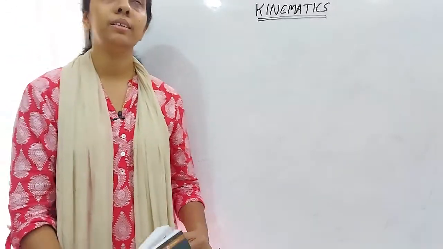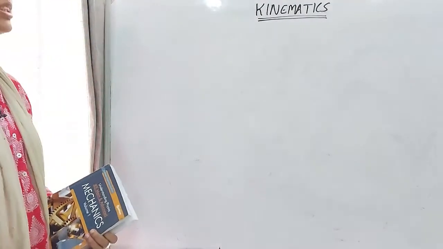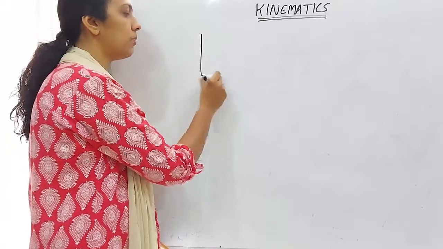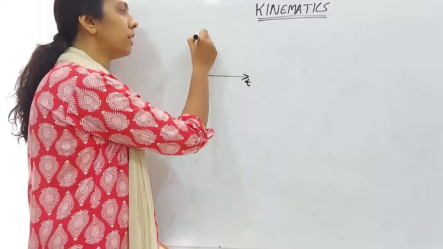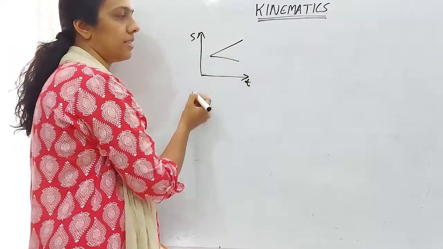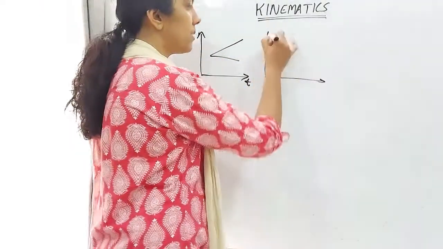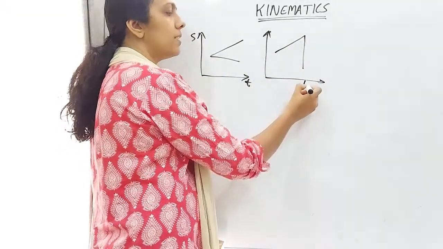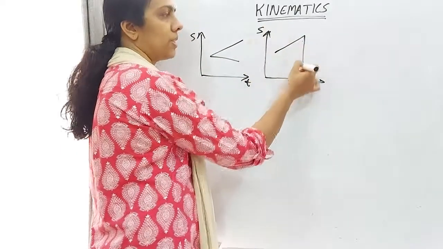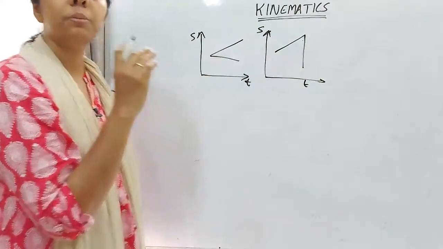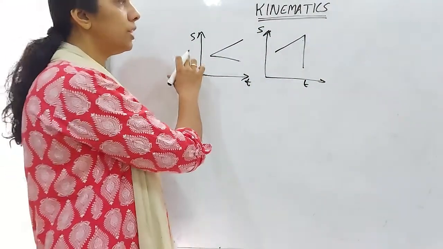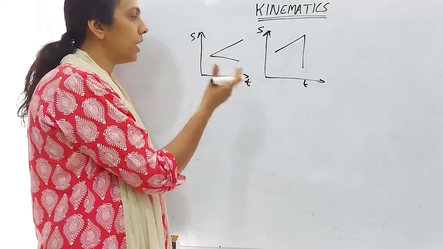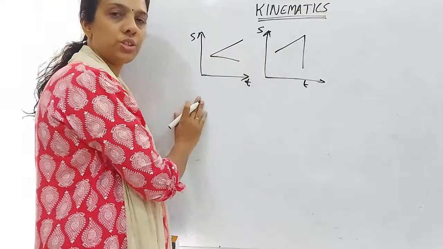One thing you should remember is that a graph showing the same time at different positions, suppose in a displacement time graph, is not possible for motion. When we are considering one dimensional or two dimensional motion, this kind of motion is not allowed.